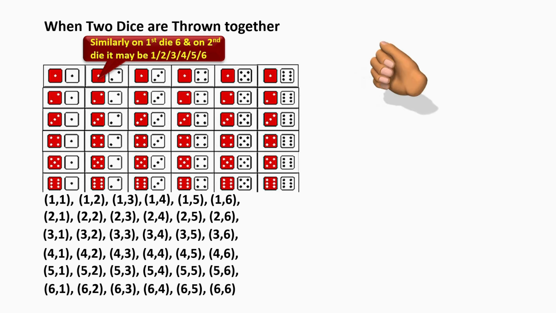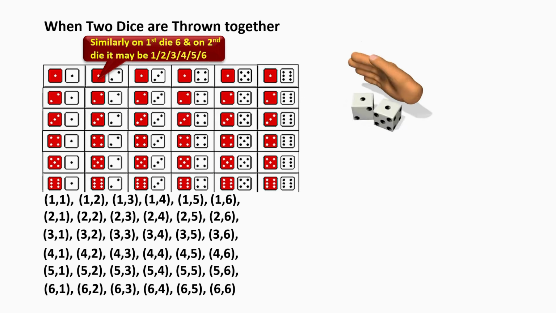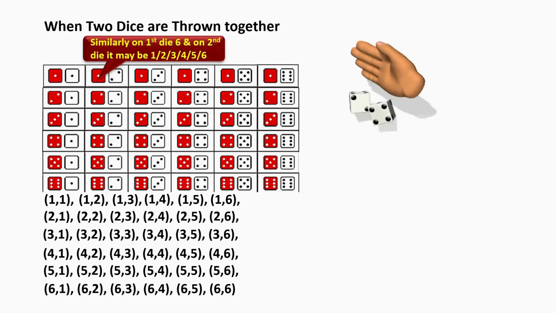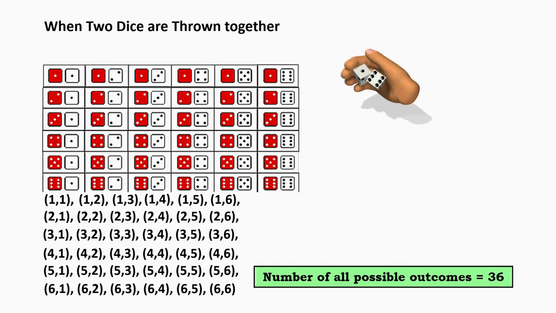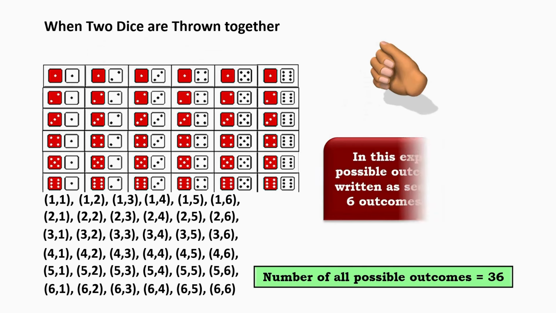If you count how many possible combinations of outcomes here, in the first row 6 and there are a total of 6 rows. So the total outcome is 6 into 6, that is 36. So the number of possible outcomes here is 36.